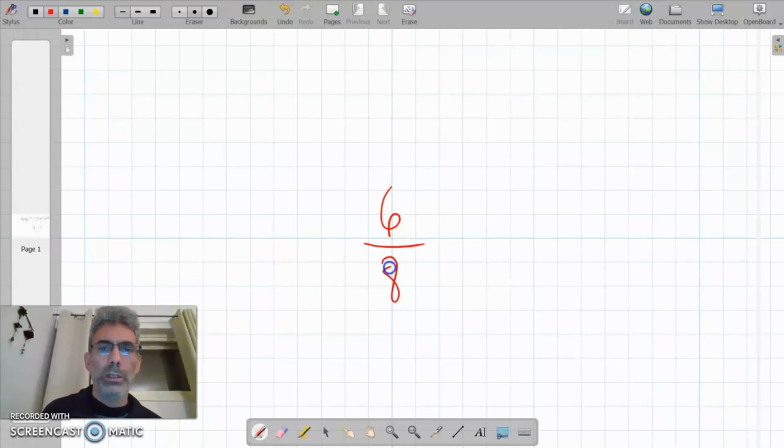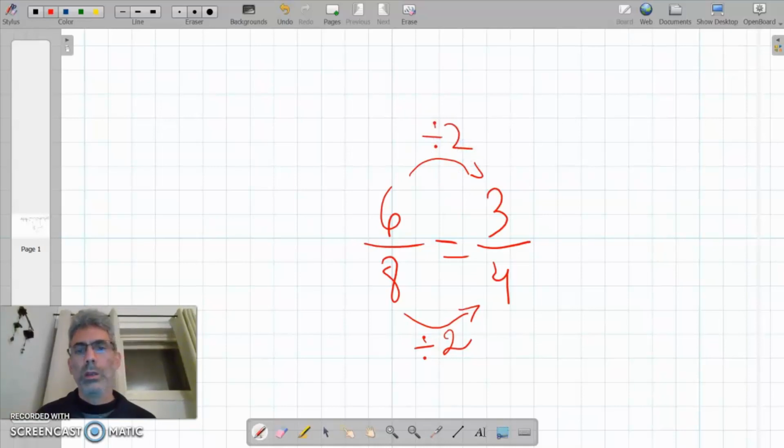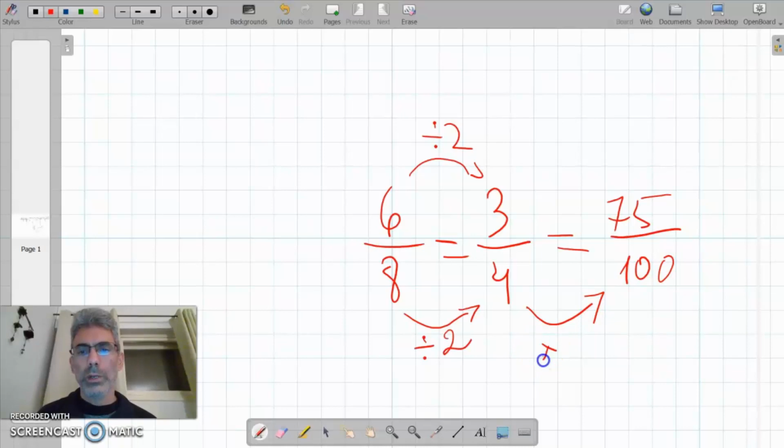Okay, 6 over 8 is 3/4, because we have divided the denominator by 2 and the numerator by 2. 3/4 is equal to 75 hundredths, because we have multiplied the denominator by 25 and the numerator by 25, and this equals 75%.